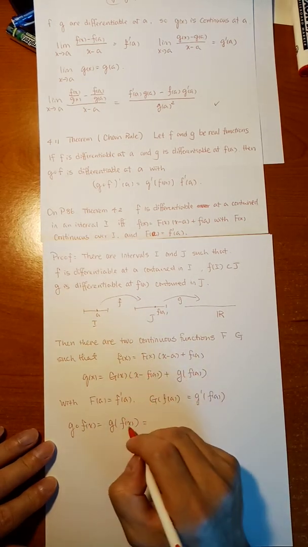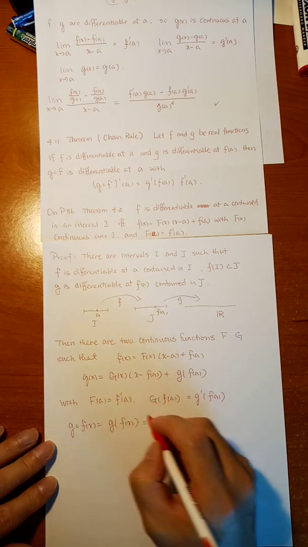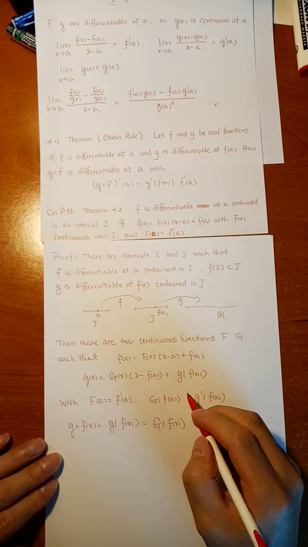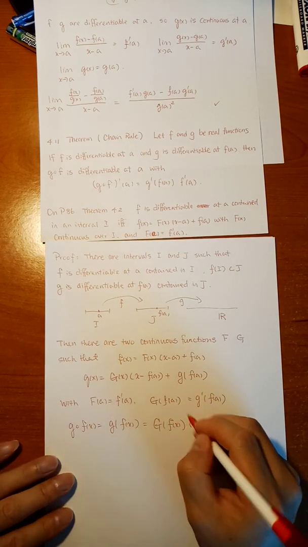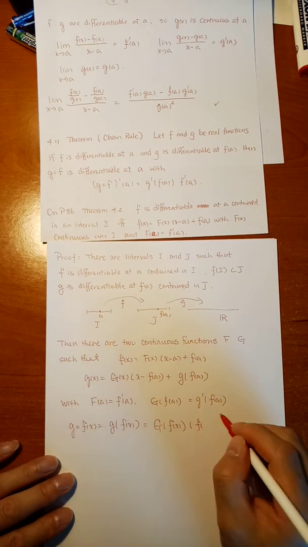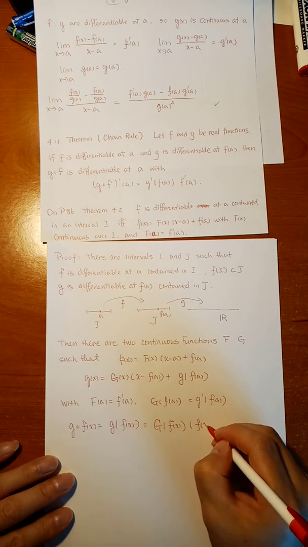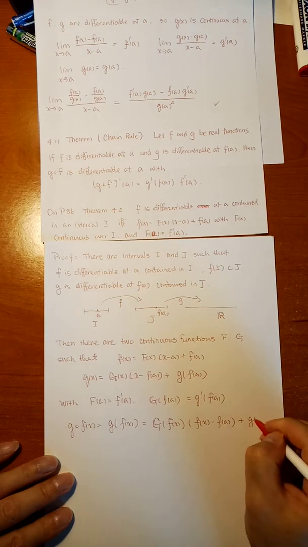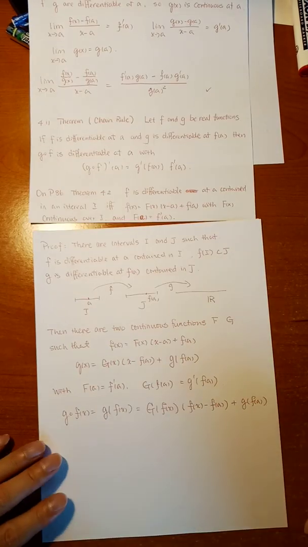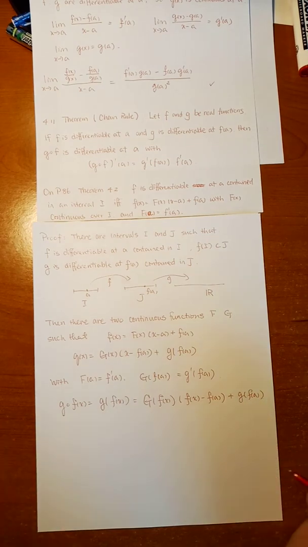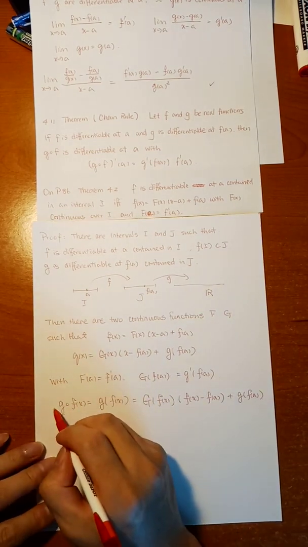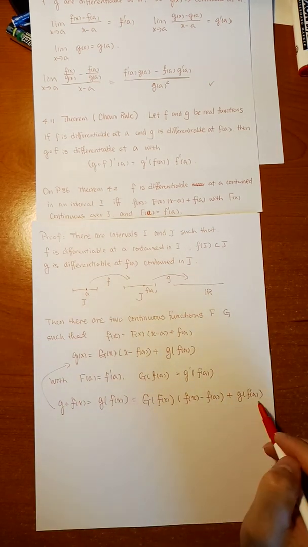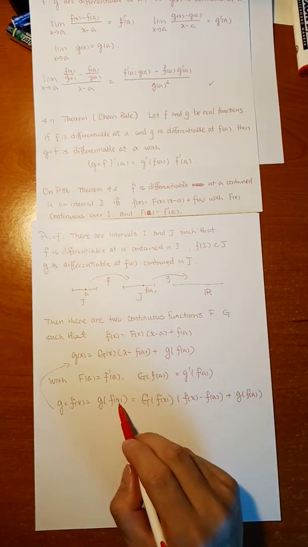Since f(x) is in J, by the formula it is capital G of f(x) times (f(x) minus f(a)), plus g of f of a. We just do the substitution: whenever you see x, you write f(x).